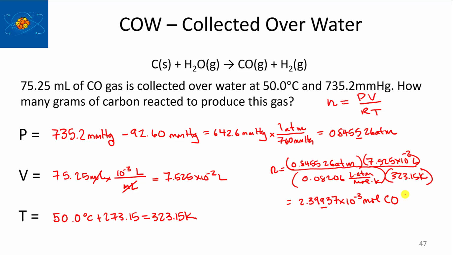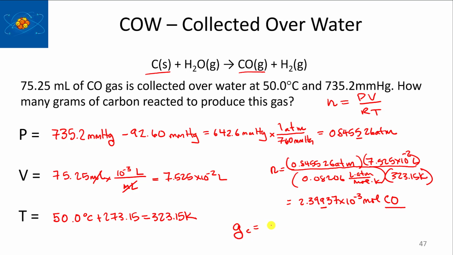So we're almost done. But now I have moles of CO, and that's where I have to look at my equation. It's 1 mole of CO for every 1 mole of carbon. Actually what I really want is grams of carbon, so I'll write grams of carbon.